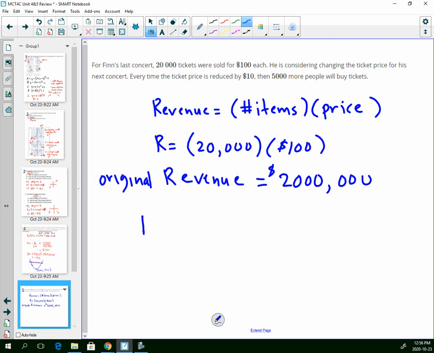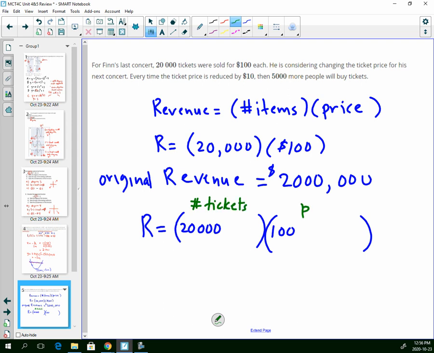So the new revenue, so whenever we do these revenue questions, we always start with the original number and the original price. So this is number of tickets, and this is price. And then we say, well, what are we doing with the price?